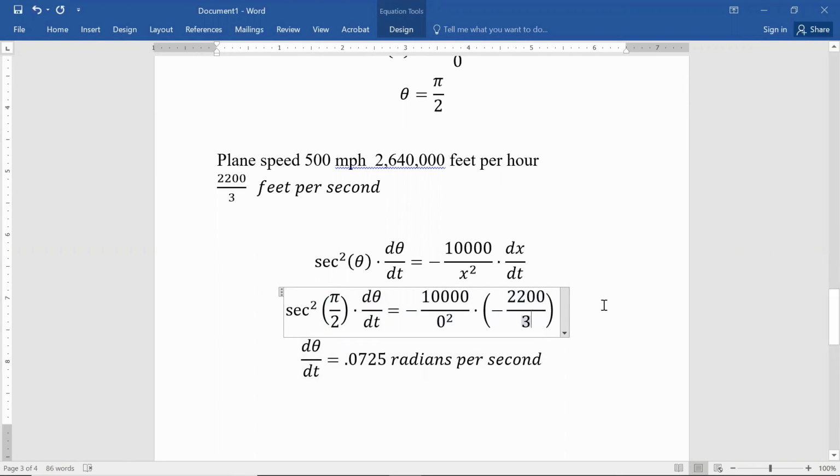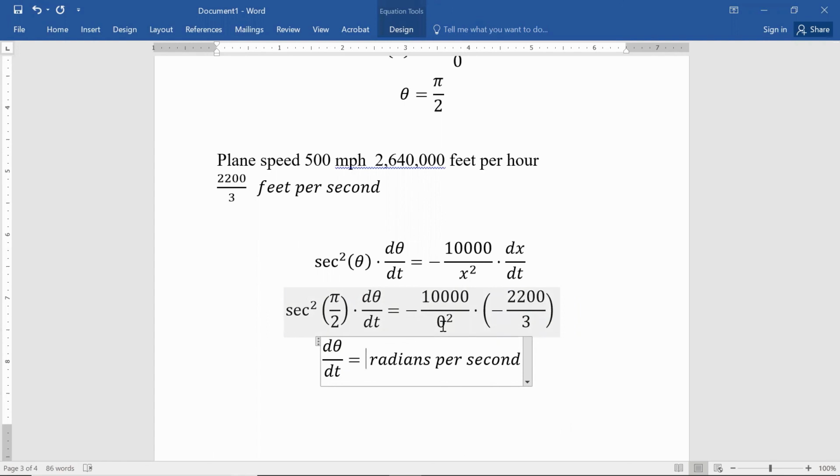And that's not a very nice thing, is it? We might say we should give up here. However, if you think of cosine of pi over 2, that's also 0. So secant squared of pi over 2 is like 1 over 0 squared. So we kind of have a 1 over 0 squared on both sides.